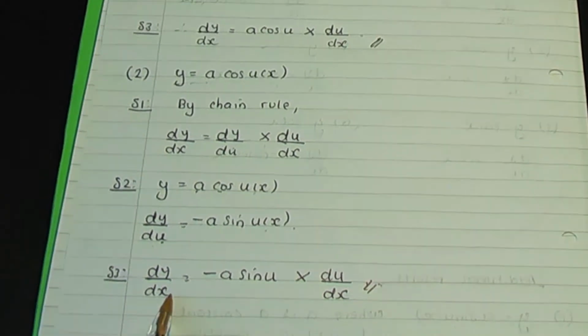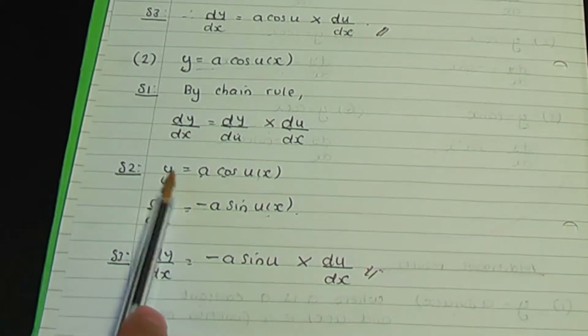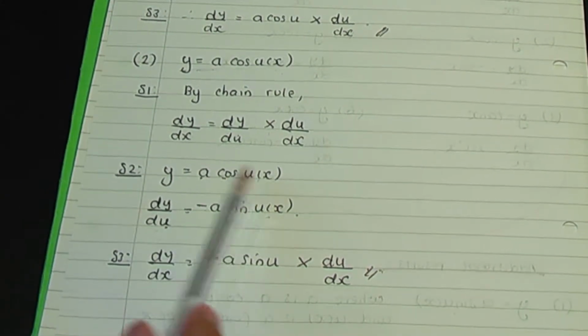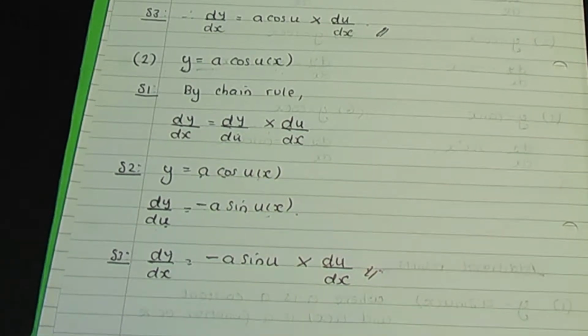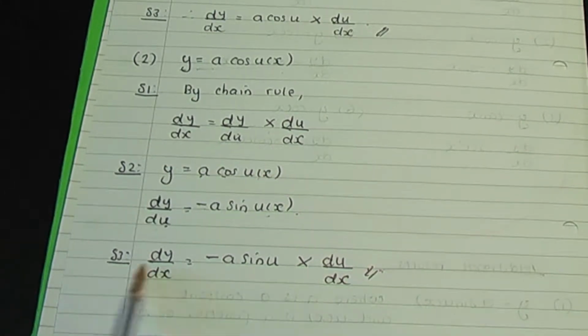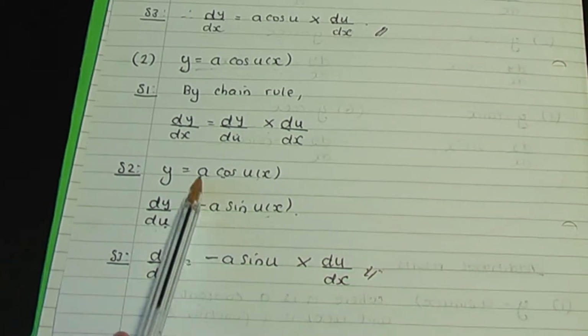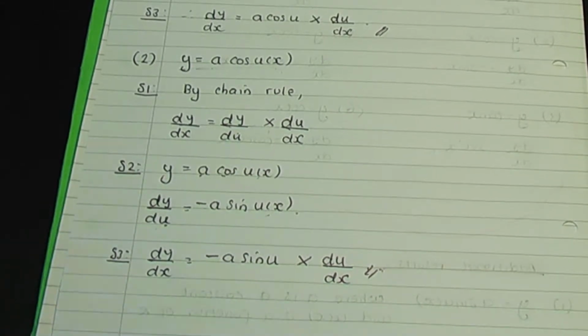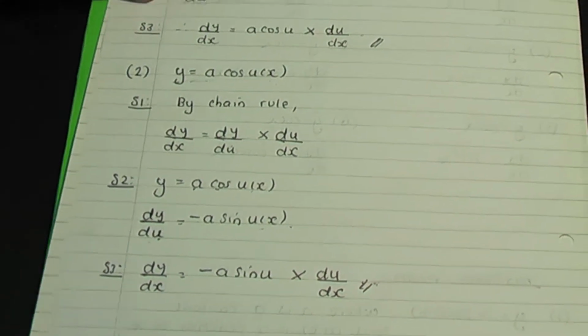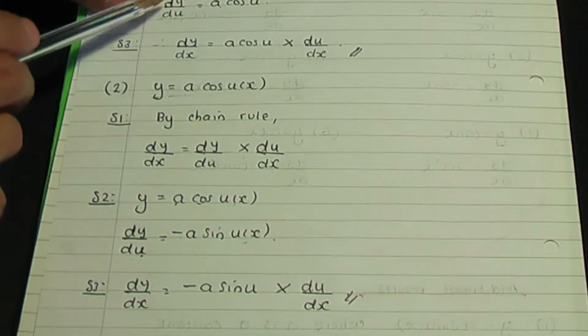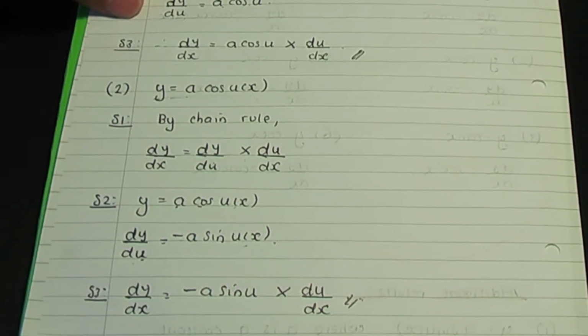So this is the result for when you differentiate y equals a cos ux. A is a constant, remember, ux is a function of x. So this result is only true if a is a constant. I'm not going to go through the other results, but the remaining results follow the same approach.